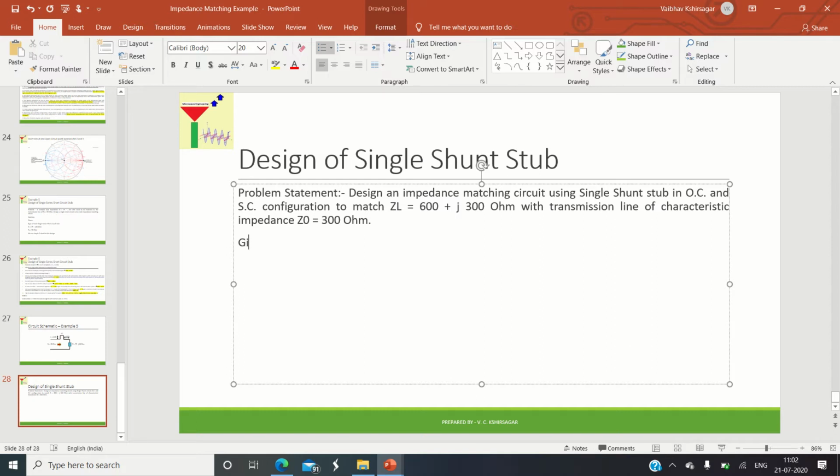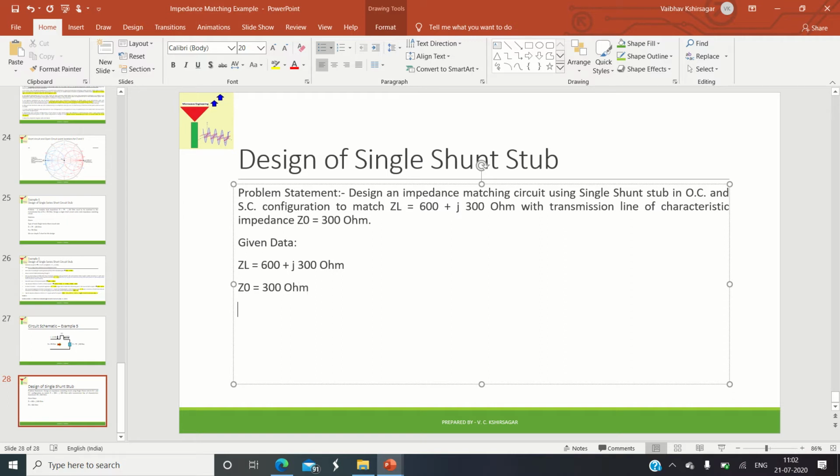First of all we will write the given data. ZL is given, that is 600 plus j300 ohm. Z0, the characteristic impedance of the transmission line, is 300 ohm. Please remember it is not 500 ohm.